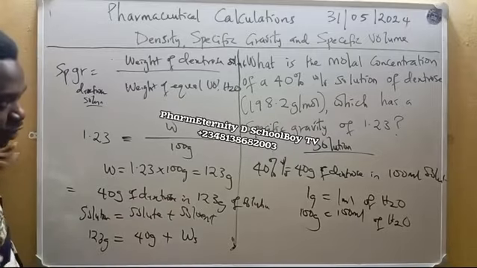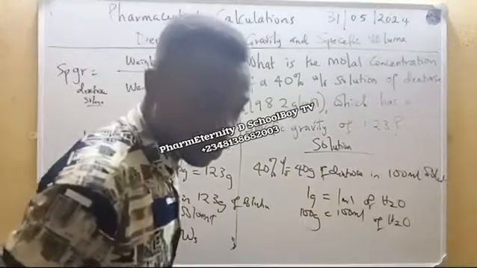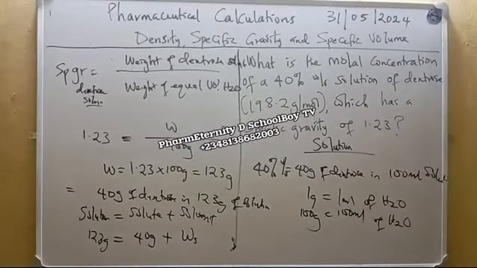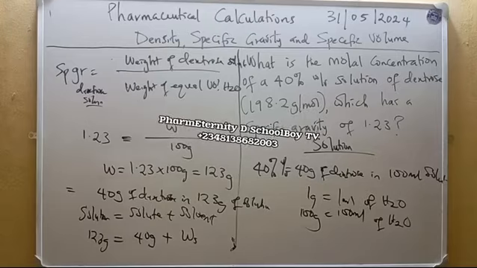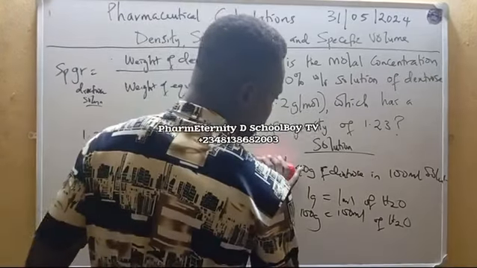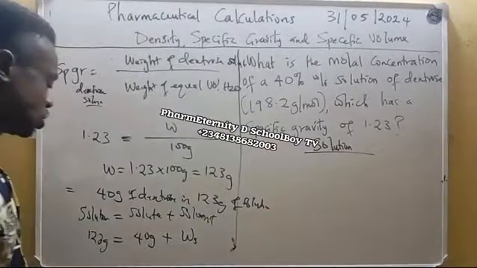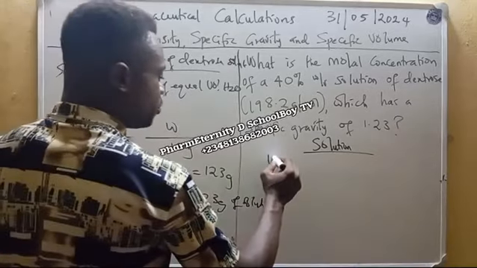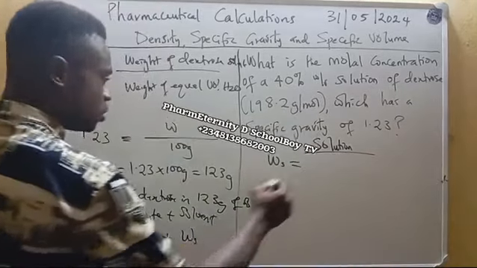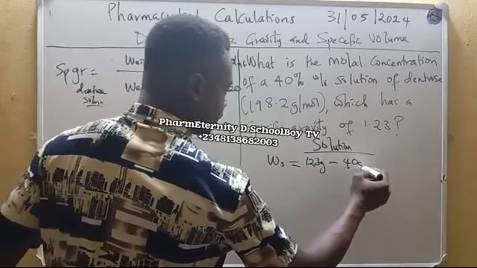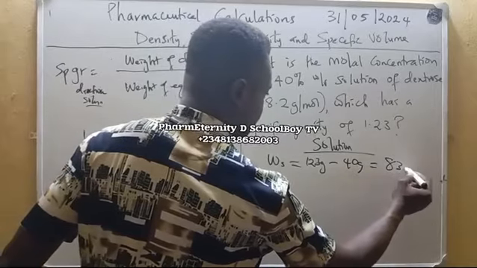So we make the weight of the solvent the subject of the formula. So WS is now equal to what? 123 gram minus 40 gram, which is what? 83 gram.